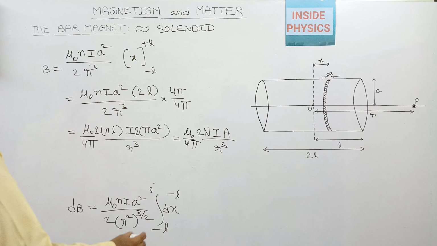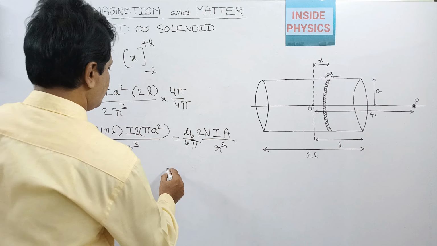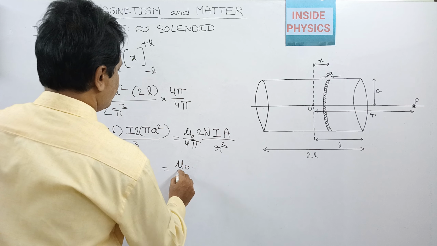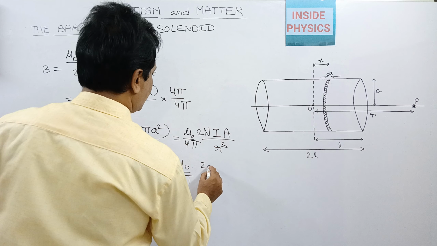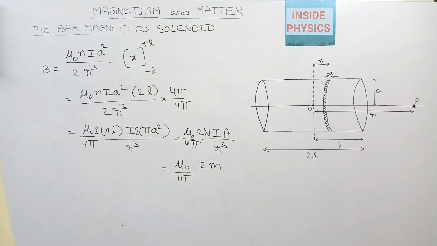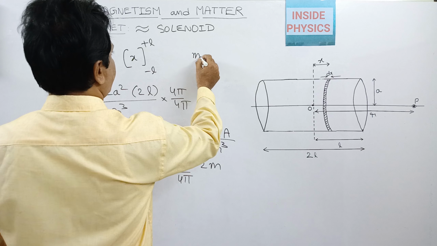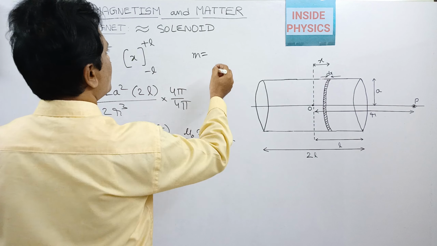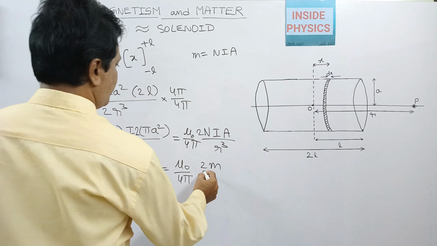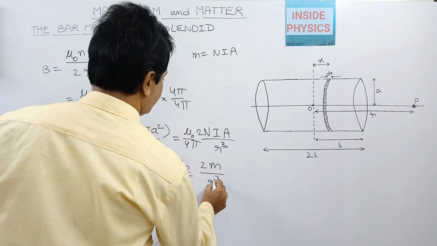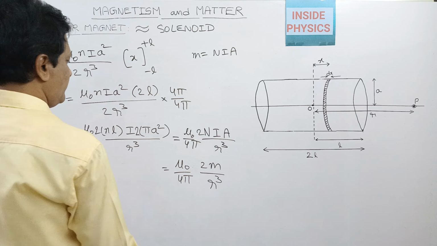Now if you observe this relation, it will become mu naught by 4 pi into 2m, I will write m. What is m? Magnetic dipole moment, which we have already discussed. The magnetic dipole moment of a current carrying loop is N I A. So mu naught by 4 pi into 2m by r cube.